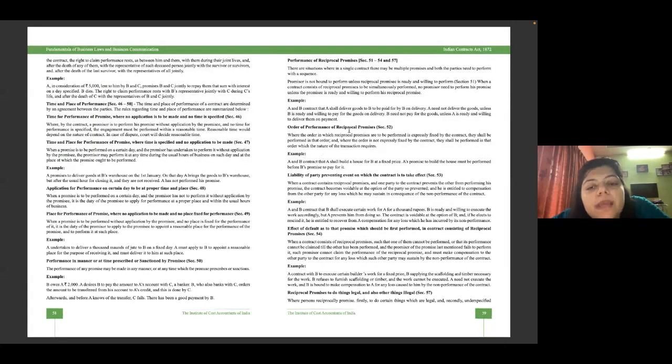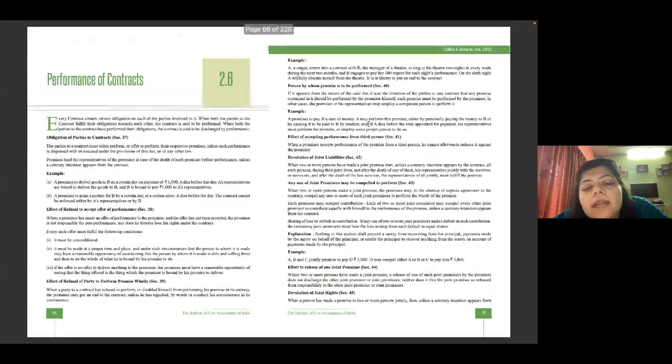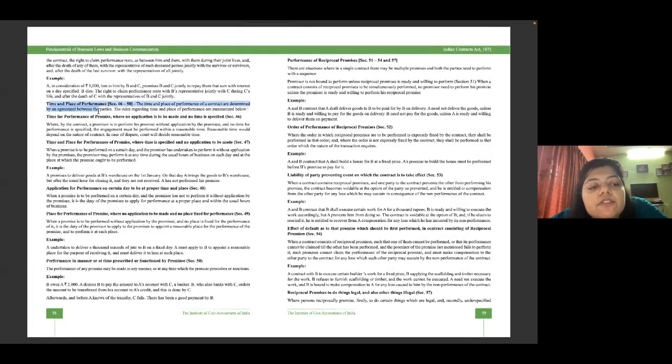So there are various ways in which you can calibrate a performance. Who has performed it? How many people have performed it? What happens if one of them chooses a way out? What is the time and place of performance? What is the time specified or the place specified for that particular performance to happen?